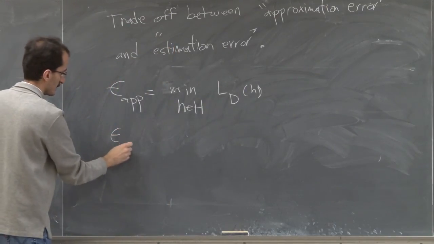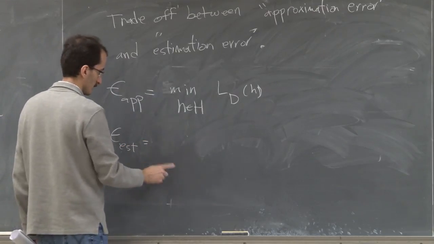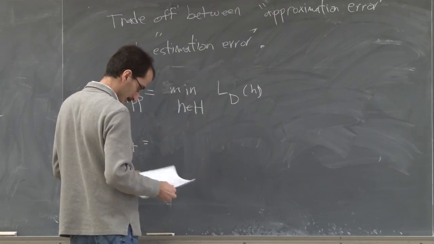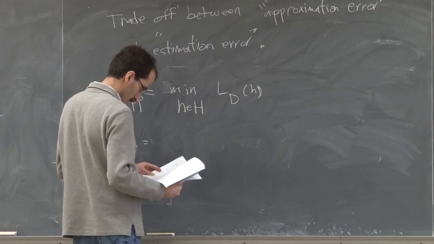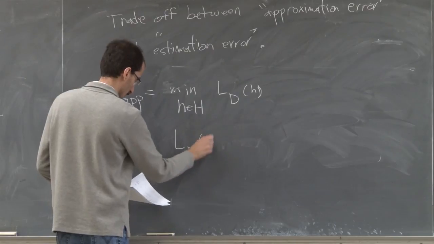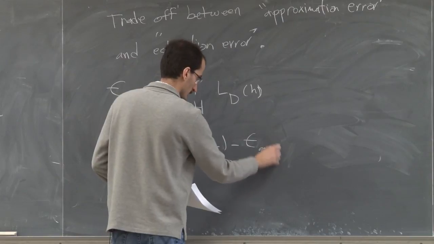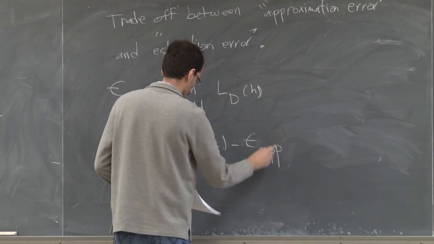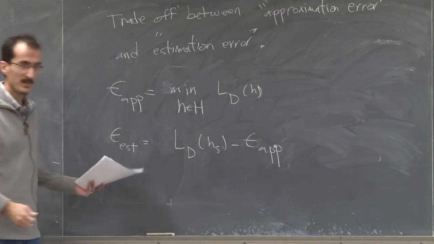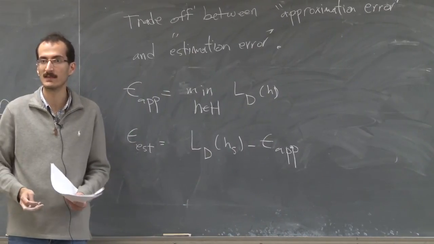And estimation error is the error that we made because the hypothesis class was large and we couldn't find the best in the class.